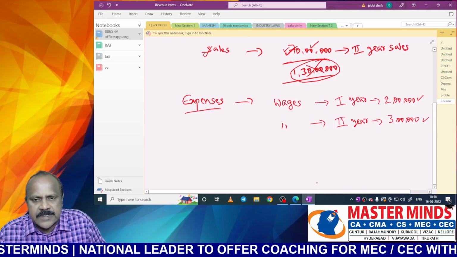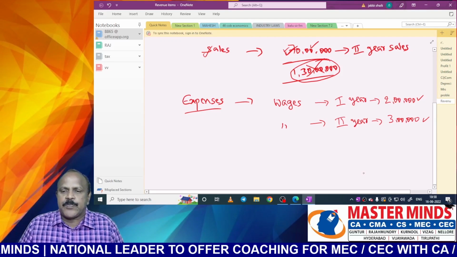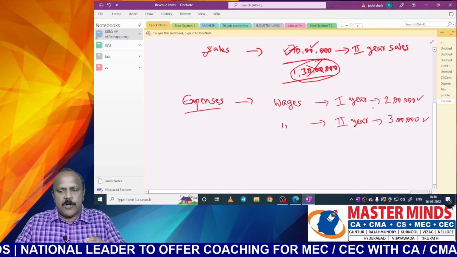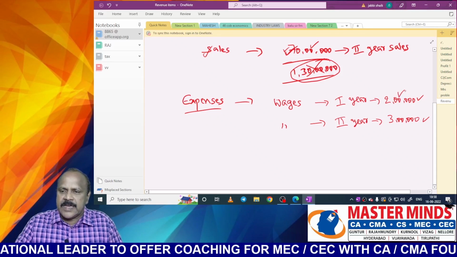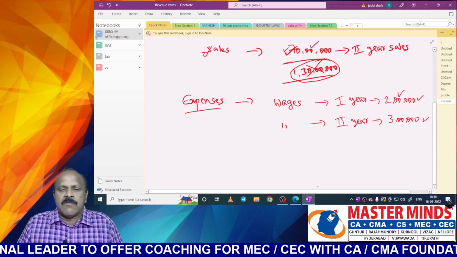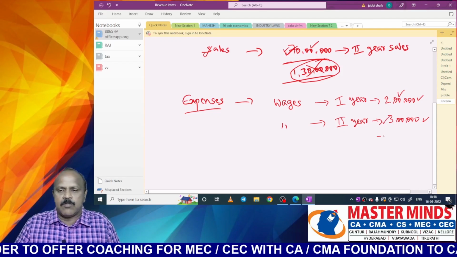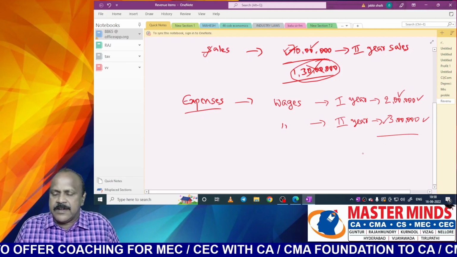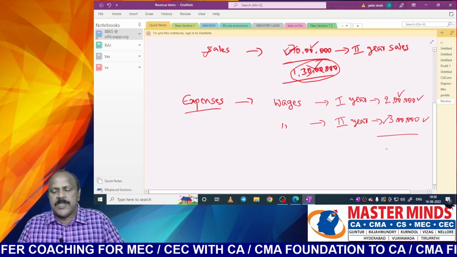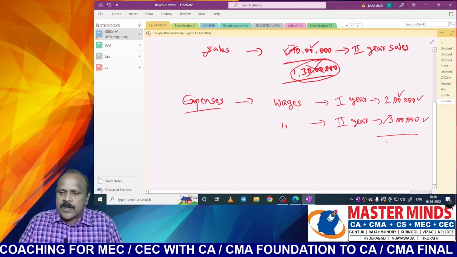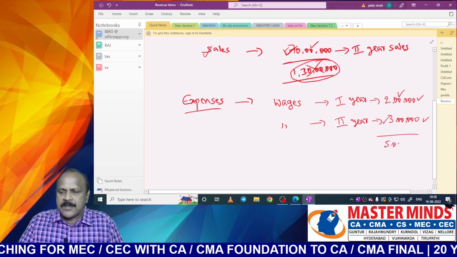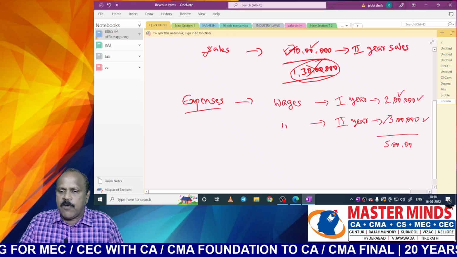When we are asked about first year wages, the answer is 2 lakhs. When we are asked about second year wages, the answer is 3 lakhs. But during the second year, our answer should not be in a cumulative way, that we should not answer that the wages amount is 5 lakhs.